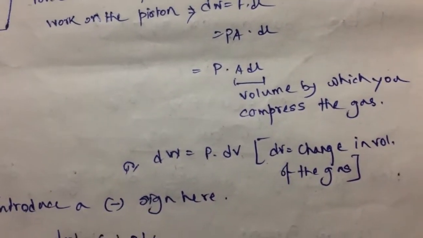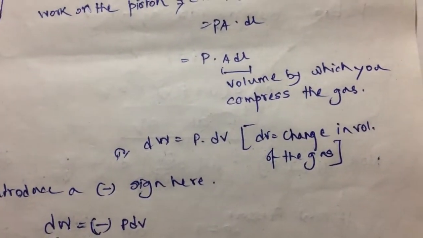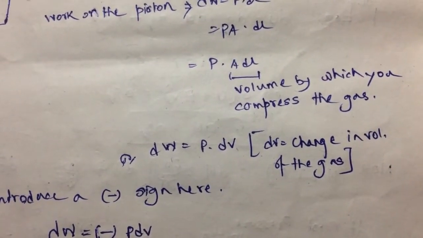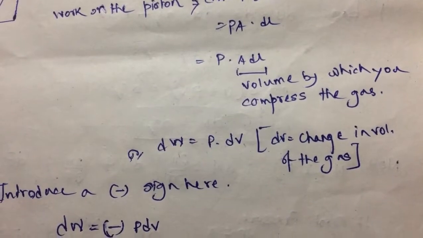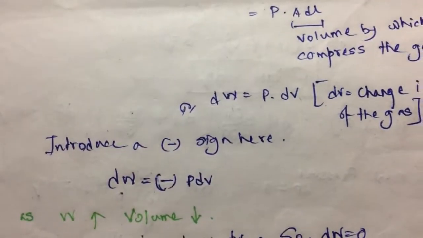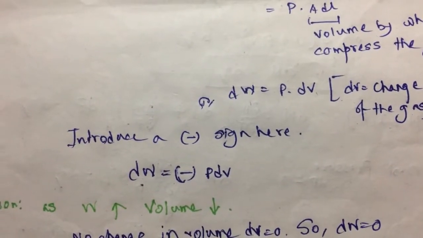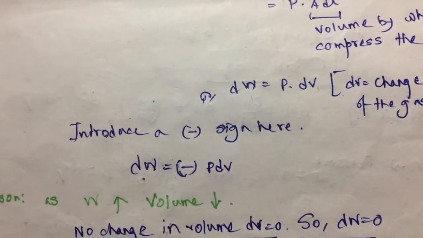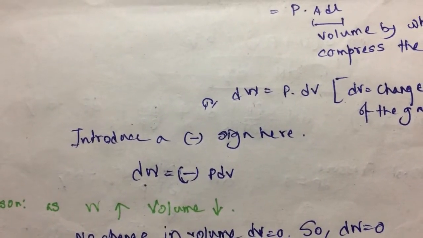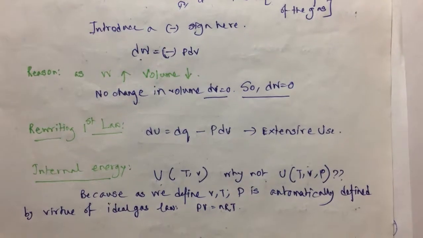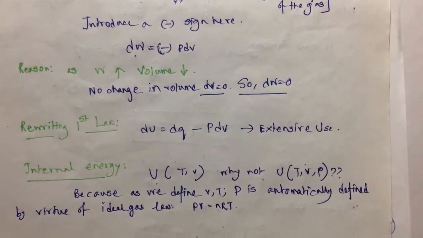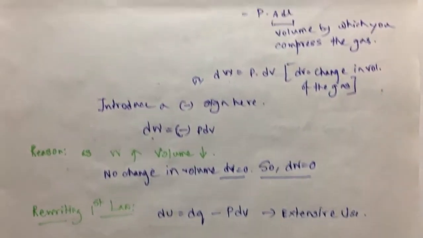So this is the volume by which the gas is compressed. So we can write A dot dl as dV, that is, a change in the volume of the gas. Now let me introduce a negative sign into this equation, that is dW equals minus PdV, which accounts for the fact that if we do more work on the piston, the volume of the gas decreases more.